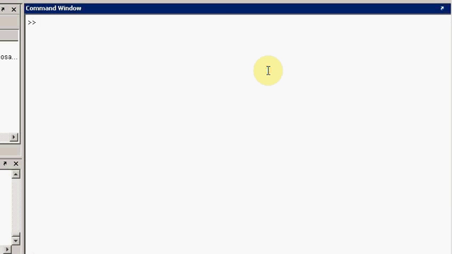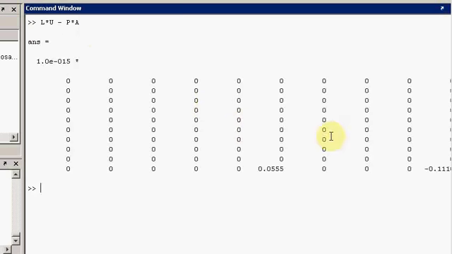So let's just check that LU has returned for us the right sorts of matrices. L times U should be equal to the permutation matrix times A. I'm just subtracting these two. If these two are the same quantity, then we should get a matrix of zeros. And so we don't get perfect zeros, we get extremely small numbers. That's limited by the computer's precision, but this is close enough.